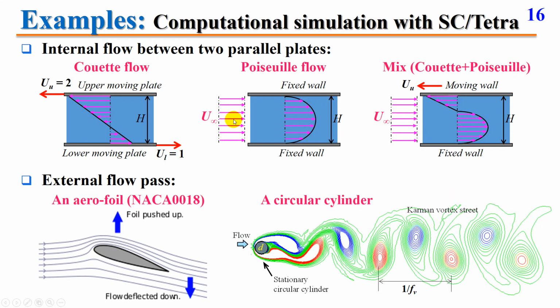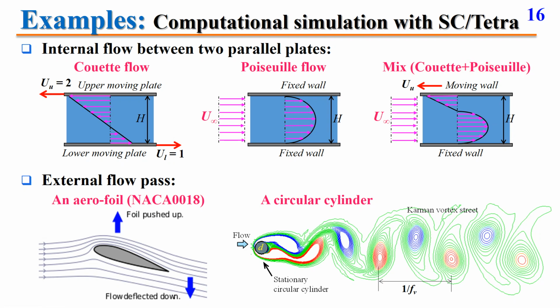In the case of internal flow, we did the CFD simulation of flow between two parallel plates under three conditions: the Couette flow, the Poiseuille flow, and a mix of the Poiseuille flow and the Couette flow.